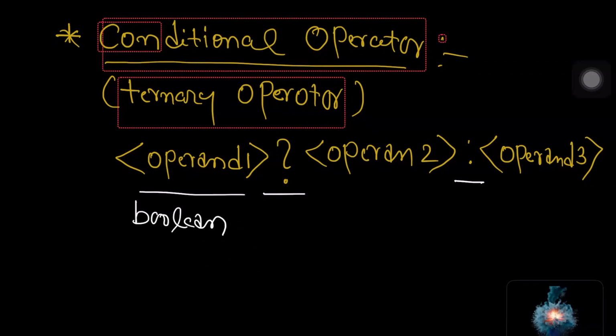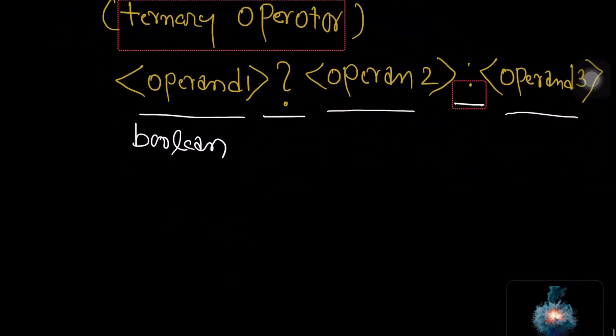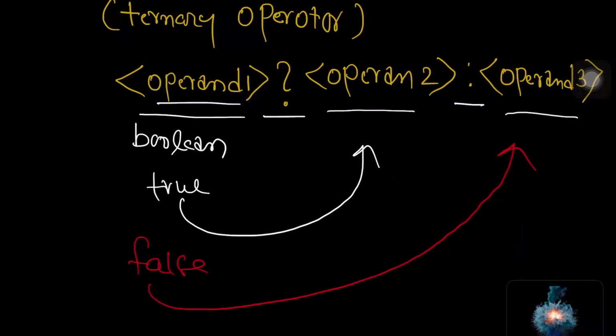What is the use of operand 2 and operand 3? You guys have to remember this. If operand 1 is true, then operand 2 will get executed. If false, then operand 3 will get executed.